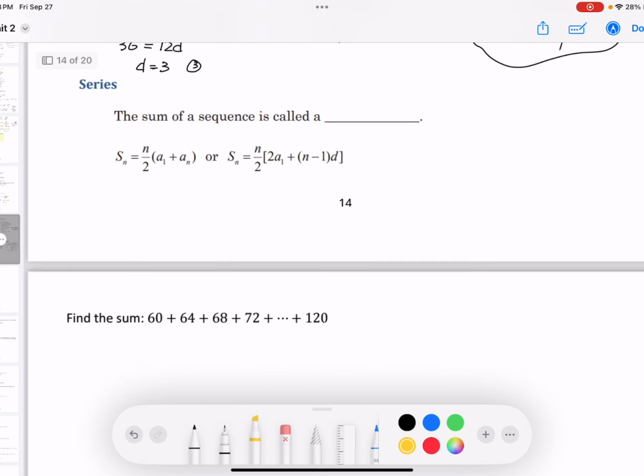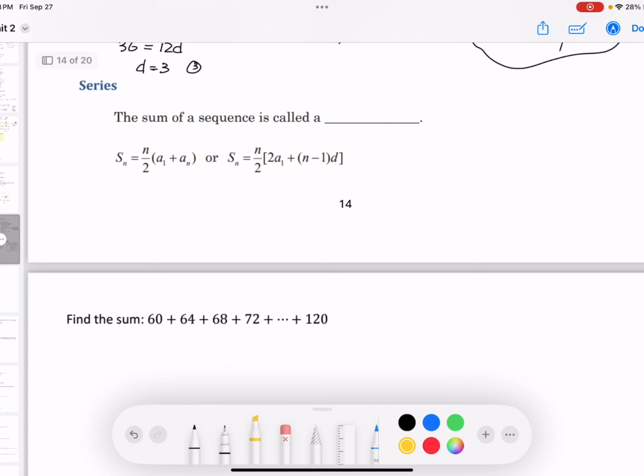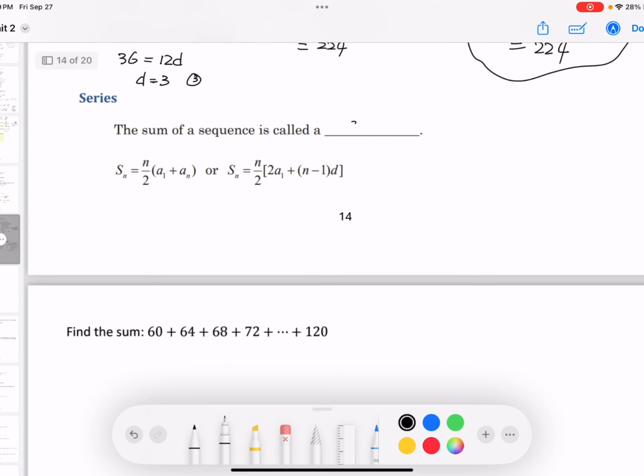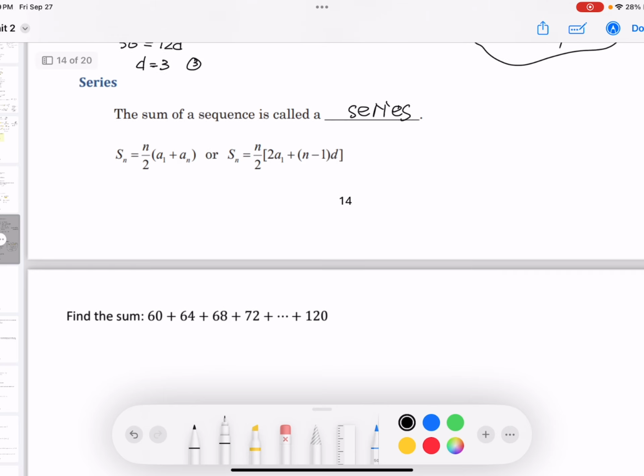Okay, let's see the series. Series means the sum of the sequence. We just put series here. That's the sum of the sequence. Okay, so for the arithmetic sequence, the series is S sub n is equal to n divided by 2 times a sub 1 plus a sub n.